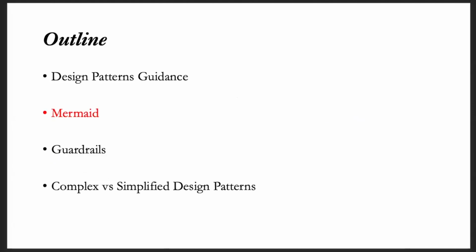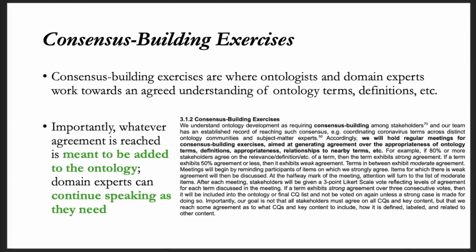The goal is that we want domain experts to be able to speak the way they want to speak in their domain. They are the experts. We don't want to try to prescribe different language use for them. We just want to be able to represent the way they're talking in our broader, more complex models.